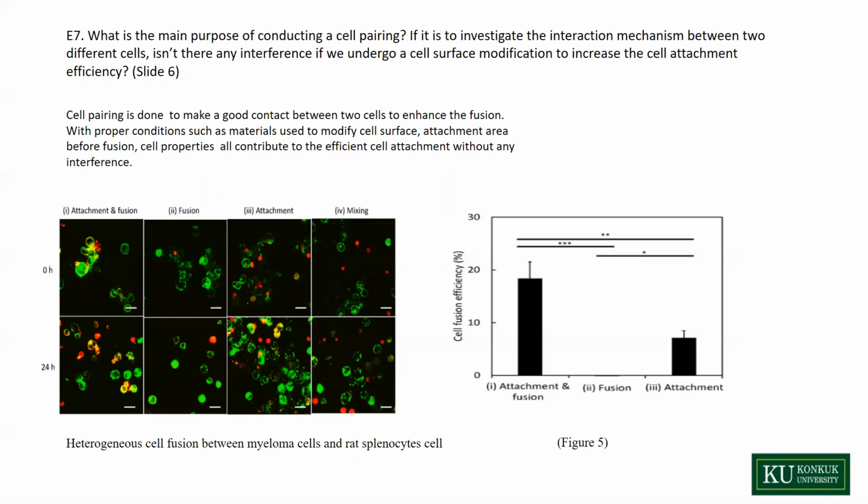But when we modify the surface with the PEG lipid polymers, the cell fusion efficiency increases to 20%. So this is heterotypic cell fusion, which is widely used today for cellular biology. So I think if we can handle it with proper conditions, heterotypic cell fusion is possible, and there isn't any interference, I think.